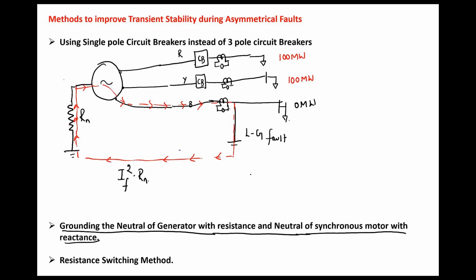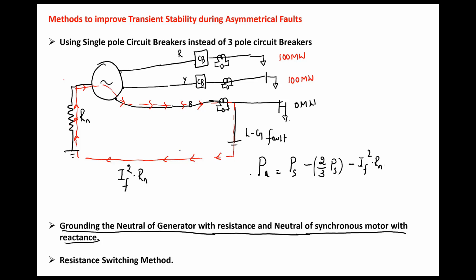Now if you see this one, your net accelerating power in this case will become shaft power, the mechanical input, which is constant, minus the electrical output. Electrical output is how much? That is 2/3 of PS I can write, because one phase is handicapped, it is open, short circuited. Now the remaining power, that is IF square Rn, is also being consumed or dissipated or wasted.